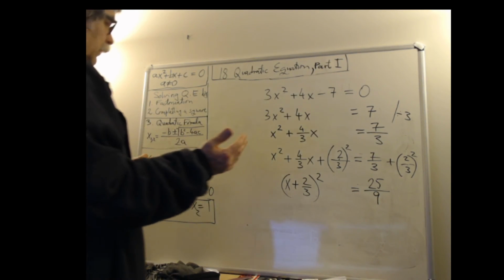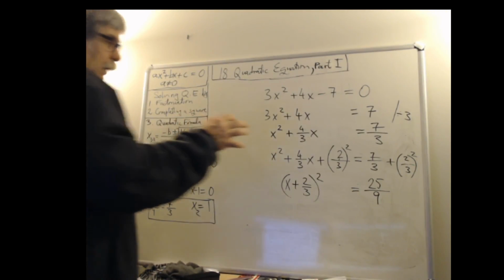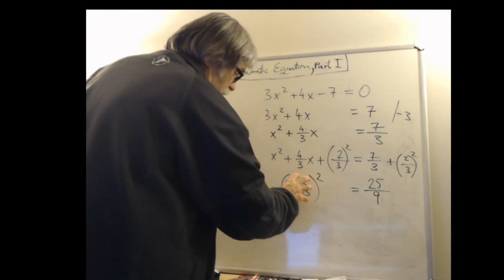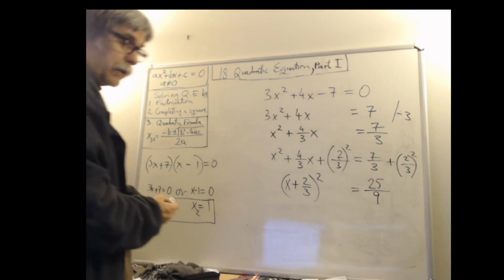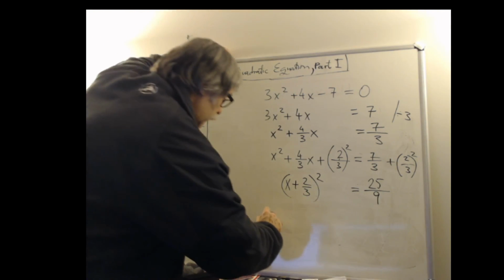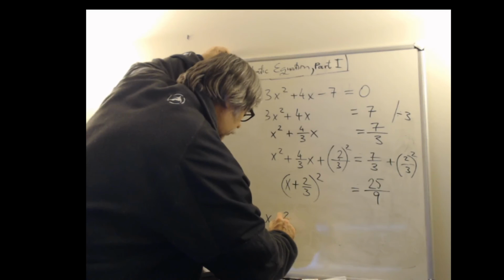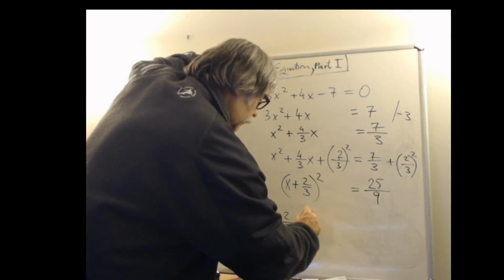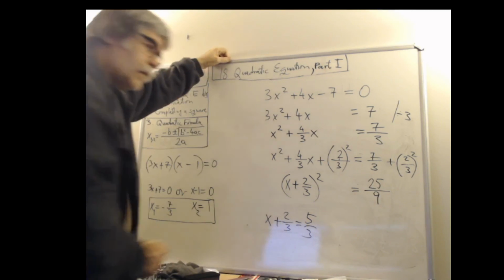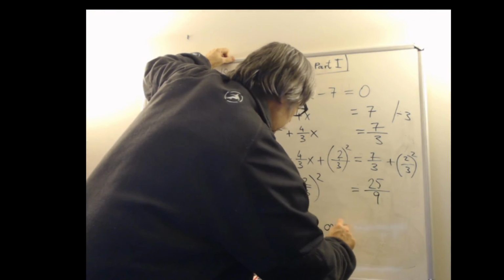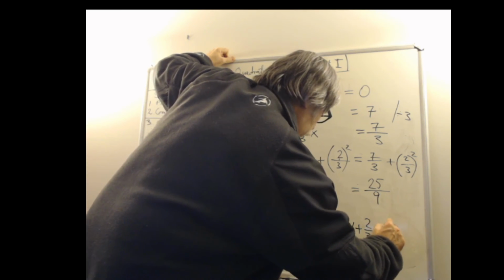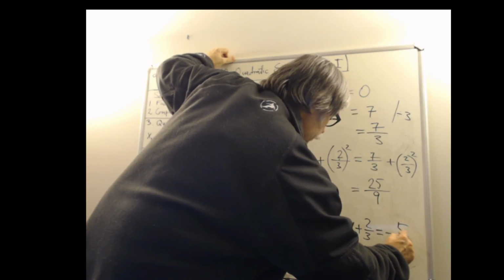Now, the question is, how is this gonna be equal to that? What number that is here to square 25 over 9 is? Well, that's easy, radical. X plus 2 thirds is equal radical 5 over 3, or x plus 2 thirds is equal negative 5 over 3.